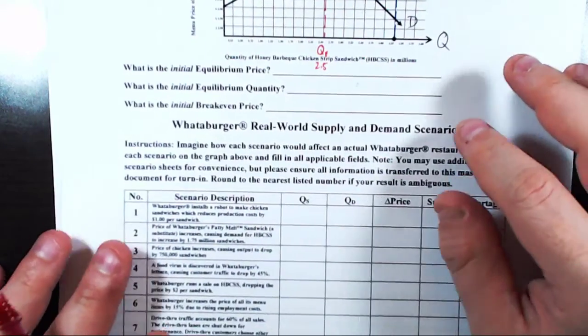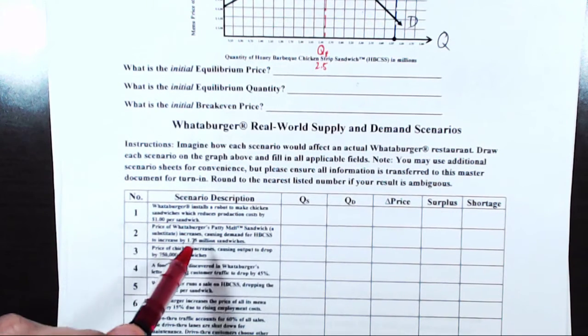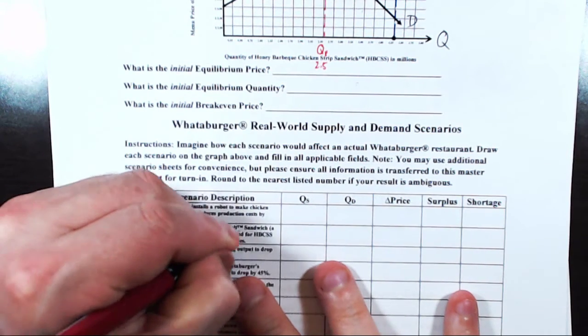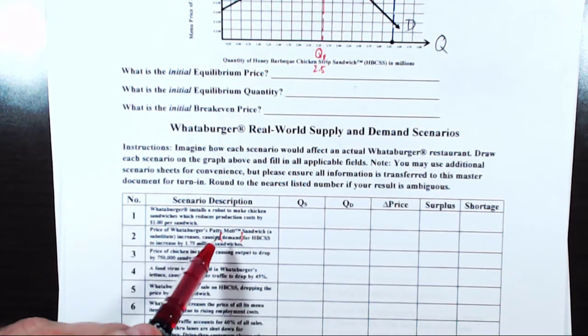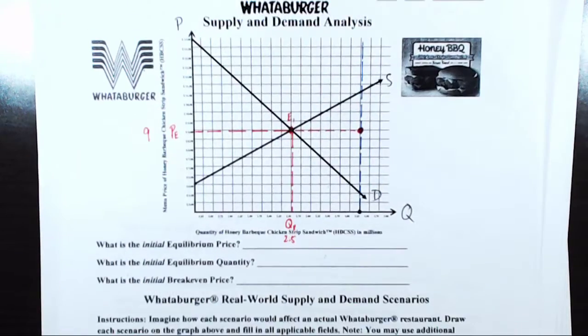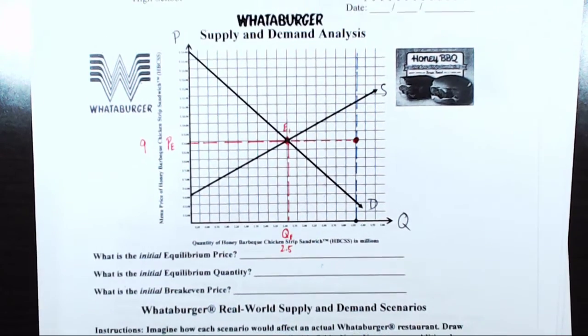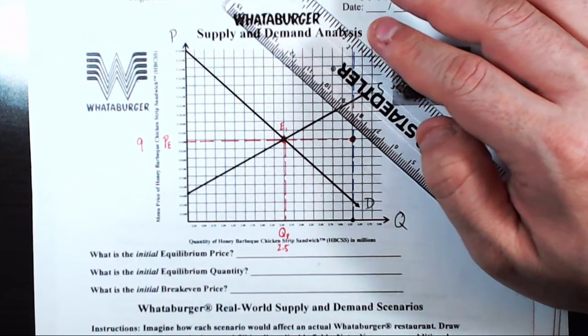Let's go back to the problem. The price of Whataburger's patty melt sandwich increases, causing, keyword, demand for the honey barbecue chicken strip sandwich to increase. So demand increased. So we know that we're going to shift the demand curve in this example. That's how we know that. So now you're going to draw a new demand curve, not a supply curve.